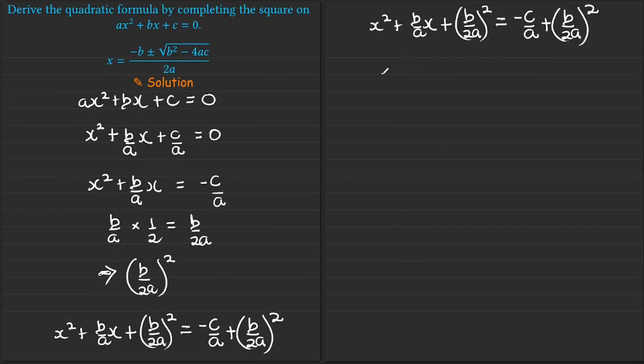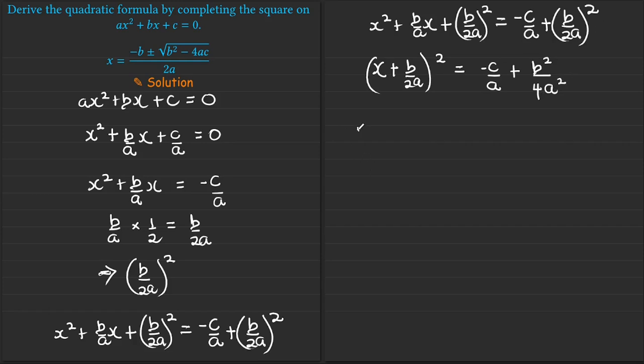So continuing from here, to factorize it, we just take x plus b over 2a all squared is equal to, we can rewrite this as negative c over a plus b squared all over 4a squared. We know this square affects the numerator, that is why we say b squared, and it also affects the denominator.